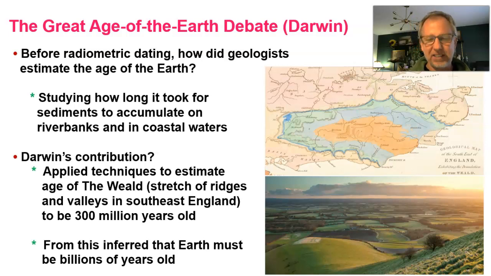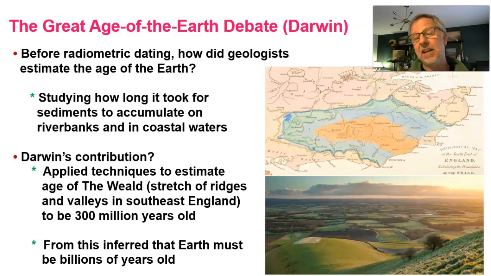He applied these techniques that geologists use, and he estimated that this region would be up to 300 million years old. And he then went on to say that if this region is 300 million years old, then certainly the Earth has got to be much older than that.